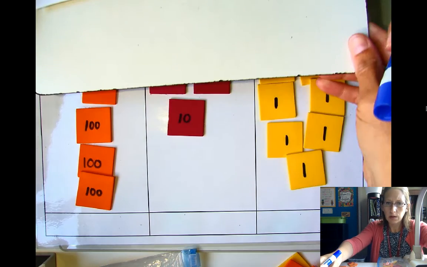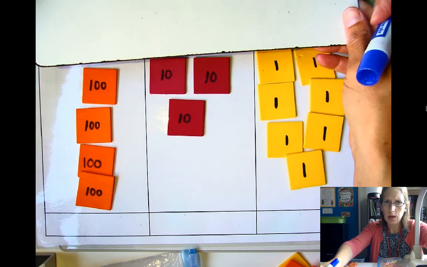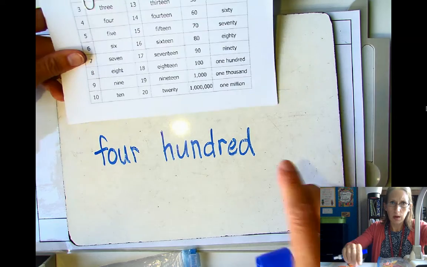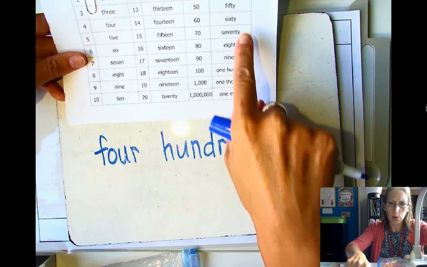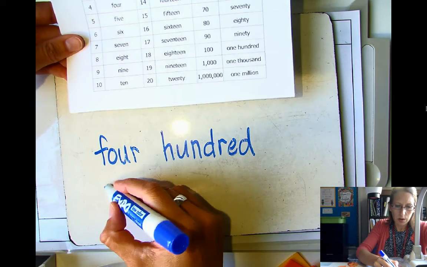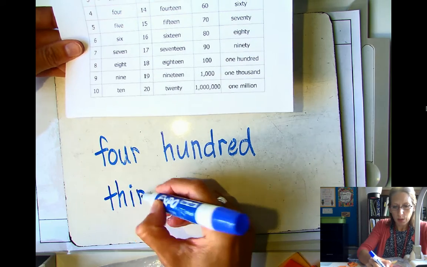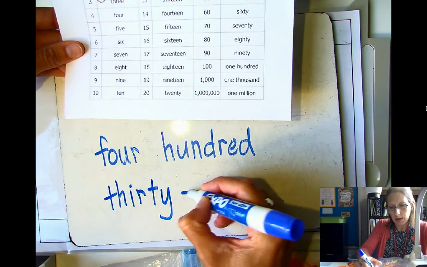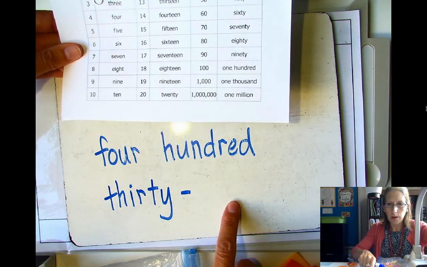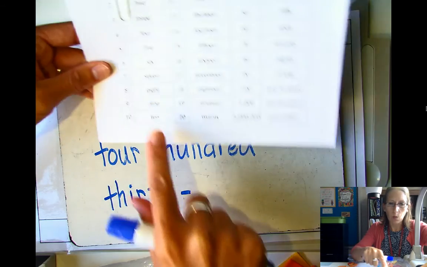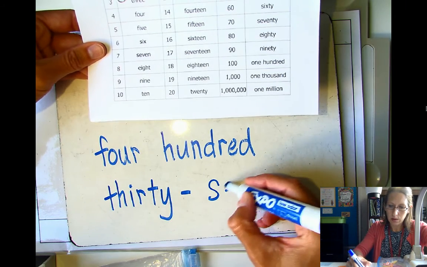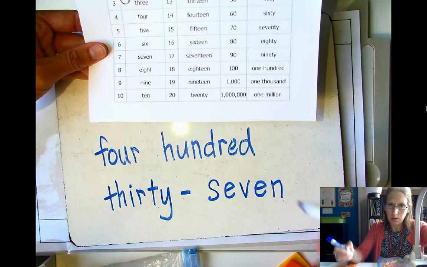How many tens? 3, 30. So 3 tens would be 30. 400, 30. And then I'm going to put my dash there because this is the tens and the ones. And then we had 7 ones. There's the word 7.